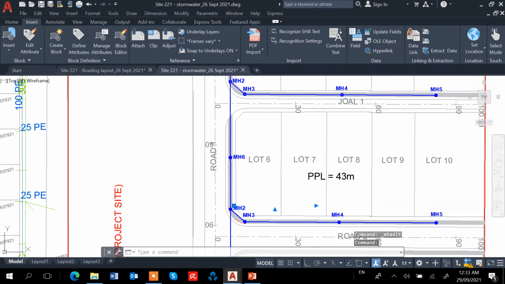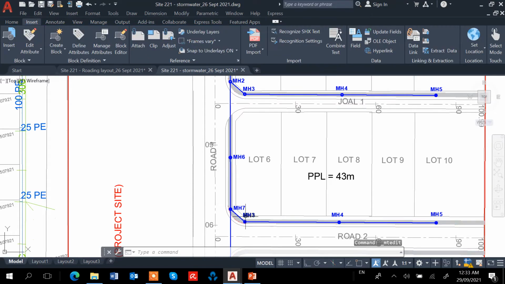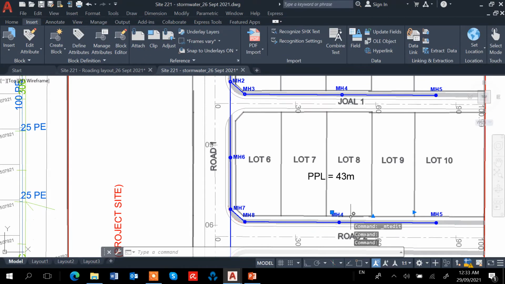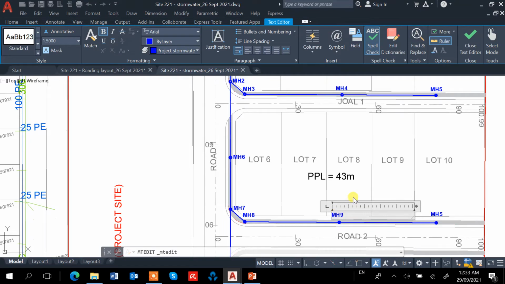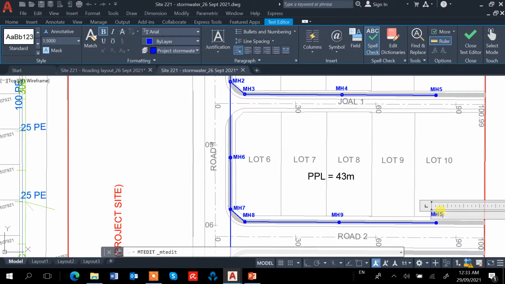Oh, so I have to redo this again. 7, 8, 9, 10. Okay, so we do everything.